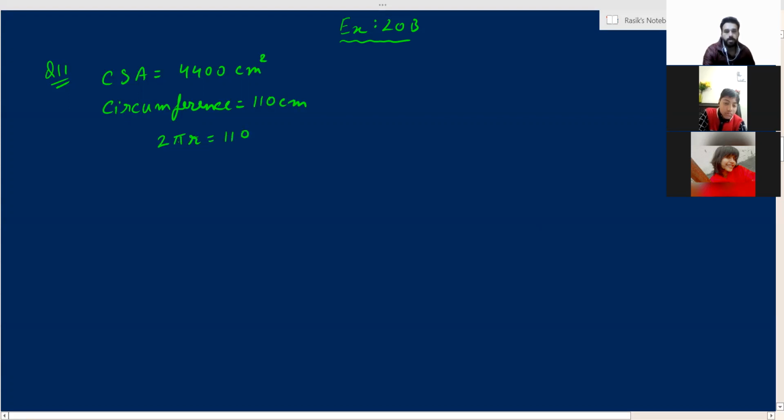So 2 into 22 upon 7 into r is equal to 110. Therefore, r is equal to 110 into 7 upon 2 into 22. On dividing by 22, 110 divided by 22 is 5. 5 into 7 is 35 upon 2. This is the radius, 35 upon 2 centimeters.